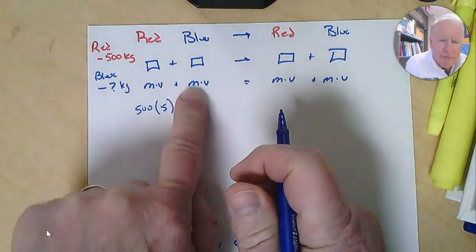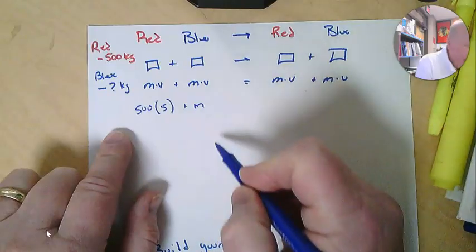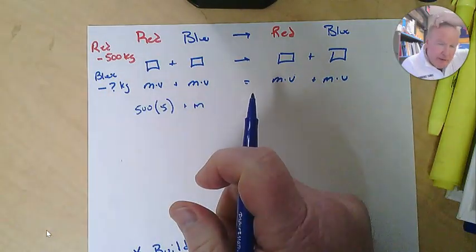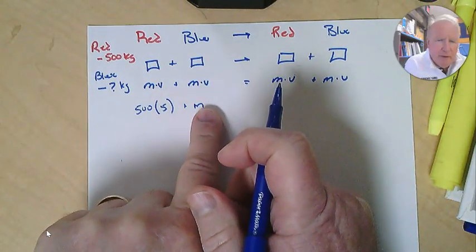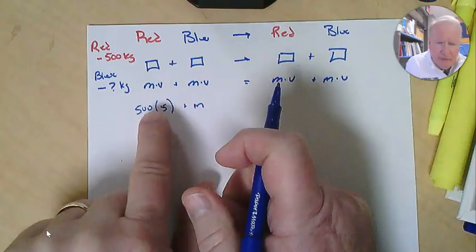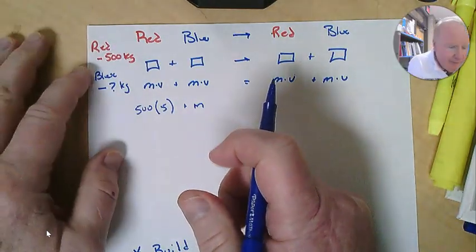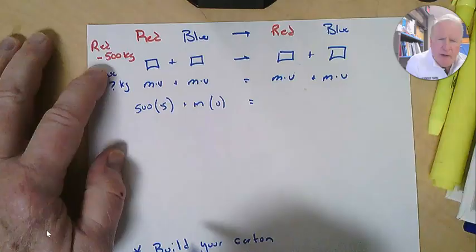And now they don't give us this mass, so we leave it as m. If that's the only thing they're not going to give us, they're definitely going to give us a velocity of the blue car before. It might be 0, it might be some number, but let's say it's 0, which would be very helpful.